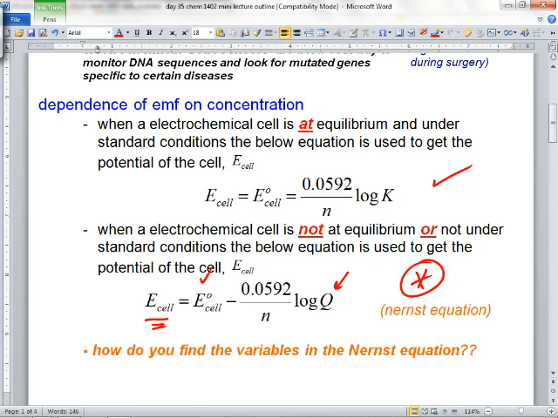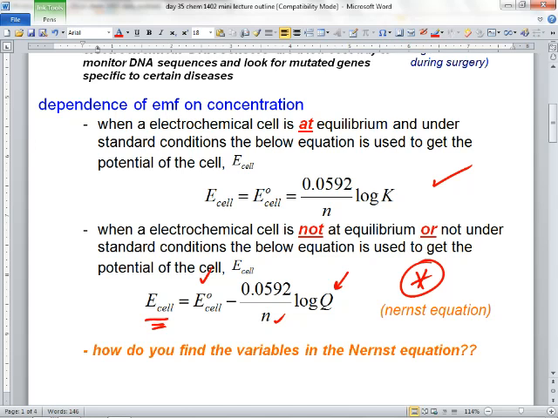How would you get the n? Crystal, how are we getting this little n? Exactly. You know the reaction that's happening at the surface of those electrodes, and it's going to be the number of electrons that came with those half reactions. Exactly.